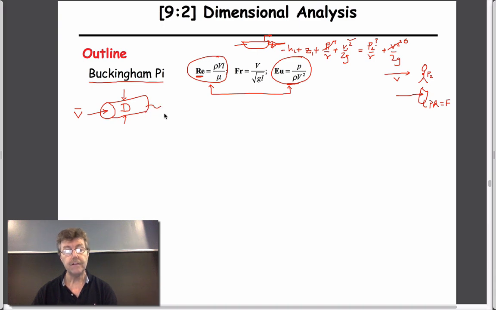The material properties that relate to the flow, you could add some others. I guess you could also talk about compressibility, but it probably won't be important in this case. The length over which the pressure drop occurs, which is driving the flow.